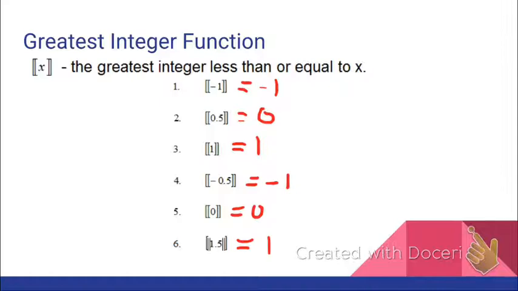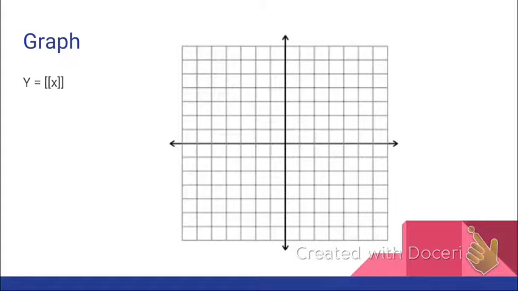So graphs of these will look like little steps almost. If I ask you to graph y equals the greatest integer function of x, first you should plot points on it. There's plot points of this function, just y equals x. So first ignore the greatest integer part and graph that, but don't connect the dots.